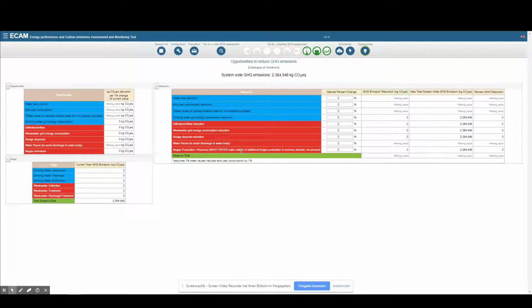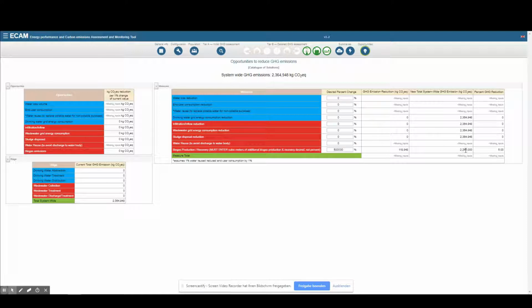For example, we would be able to add biogas production to use the energy and electricity created through the process to save greenhouse gas emissions. In this case, actually it is not a percentage change, because it says here you must enter cubic meters of additional biogas production and recovery.